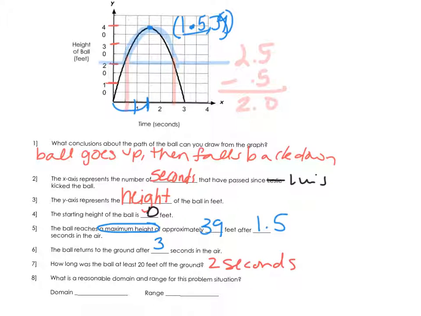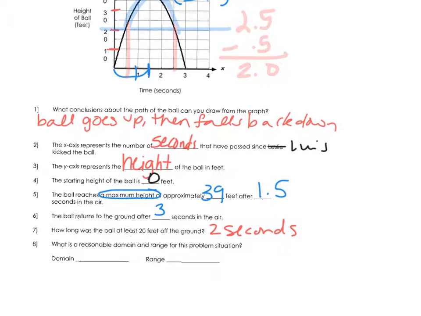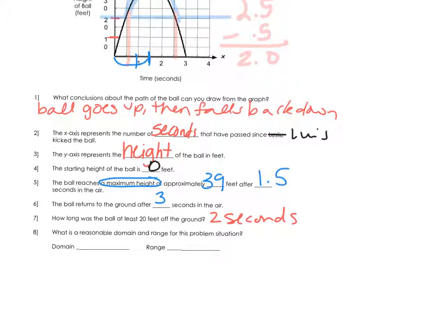All right, number 8. Lexi, can you read 8 for me, please? What is a reasonable domain and range for this problem situation? Beautiful job, thank you. So my domain, is domain the x values or the y values?